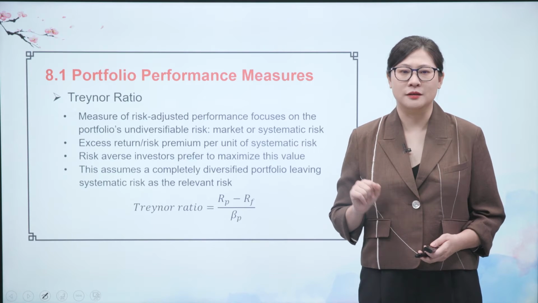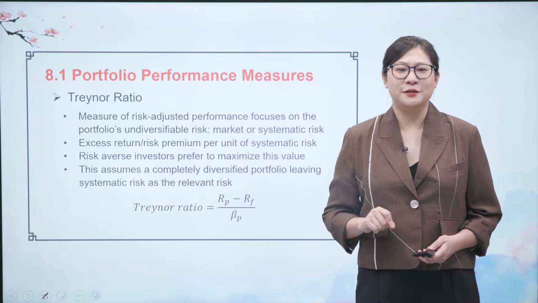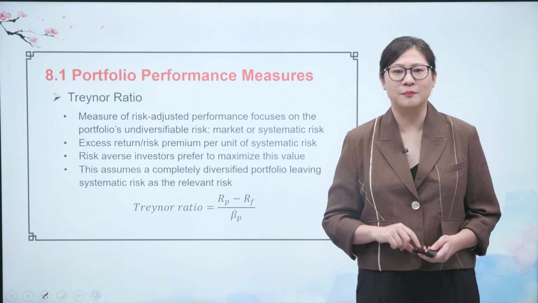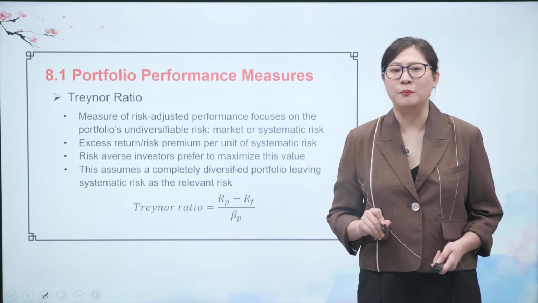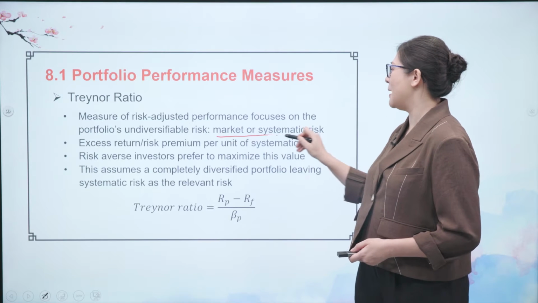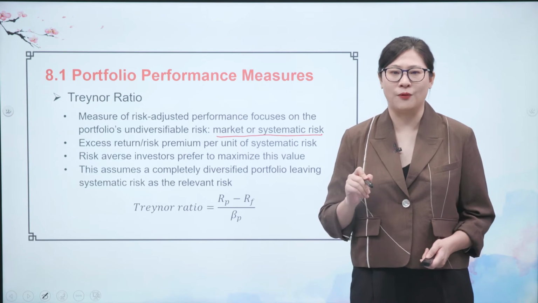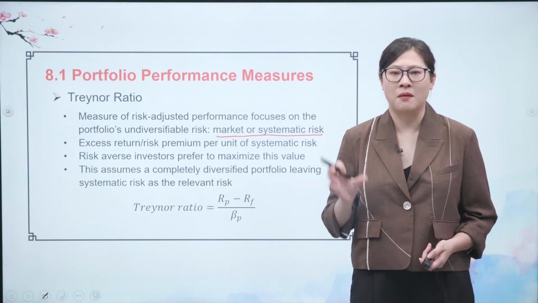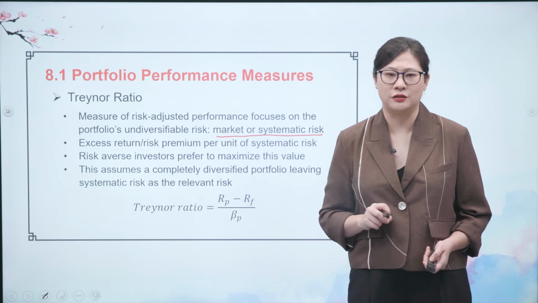First, let's look at the Treynor ratio. The Treynor ratio measures the risk-adjusted performance focused on the portfolio's undiversifiable risk, which is the market risk or systematic risk. So that's a very important point for the Treynor ratio. It considers the market or systematic risk.